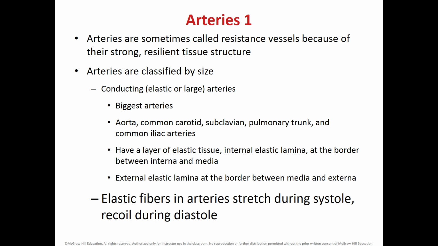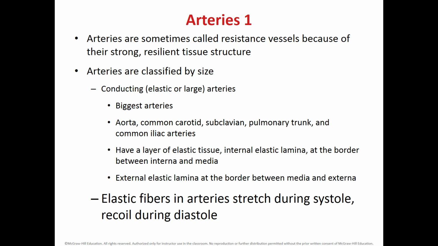Then we have also the common carotids, which are found on the sides of the trachea, subclavian, that are under the clavicle, pulmonary trunk that exits the right ventricle, and the common iliac arteries that we have on the pelvic area. These largest arteries have a thick layer of elastic tissue.